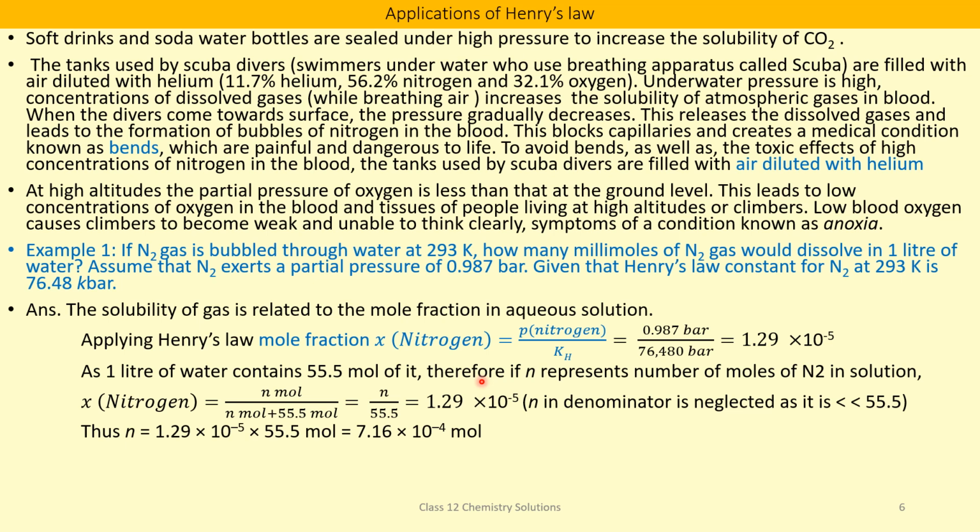Thus, n is equal to 1.29 into 10 to the power of minus 5 into 55.5 mole, that is cross multiplying. N on the left side we retain, and you cross multiply here. That becomes 7.16 into 10 to the power of minus 4 mole.